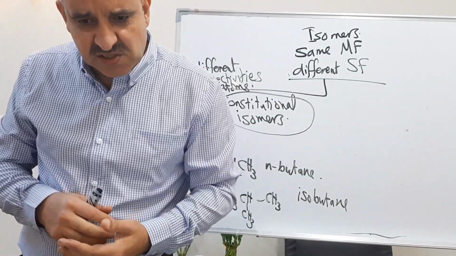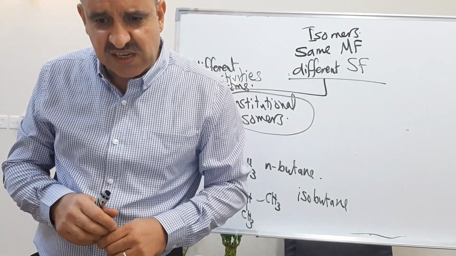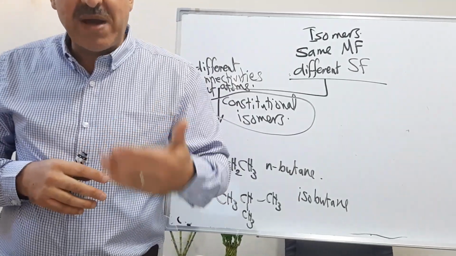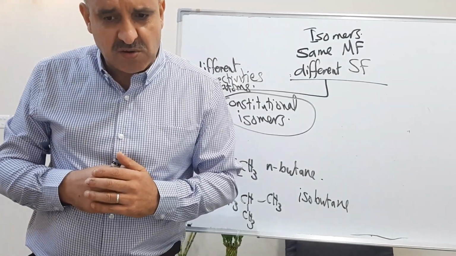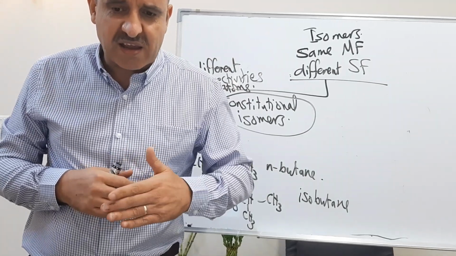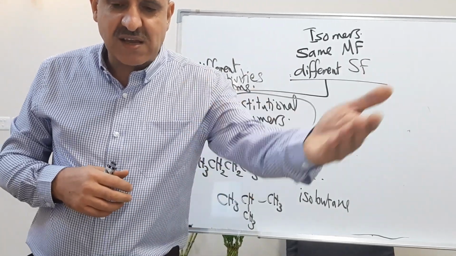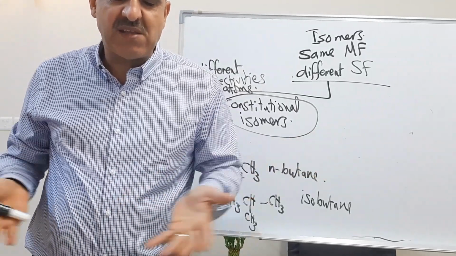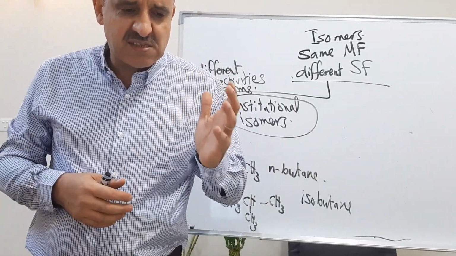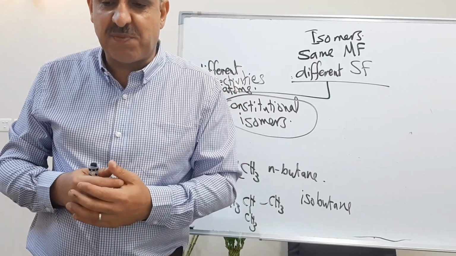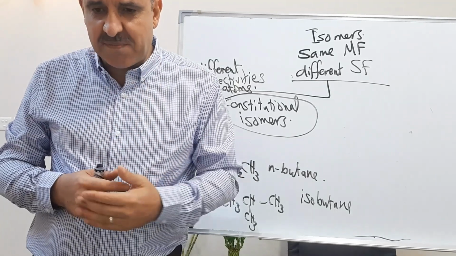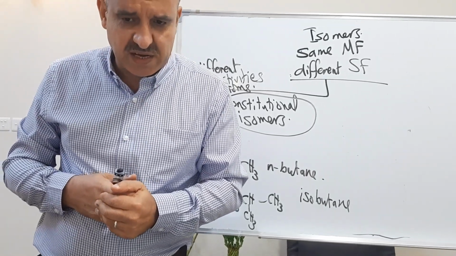You can imagine a formula of C30, a compound with 30 carbons, how many isomers we may draw for this compound. It's something like 4 billion compounds, which explains that this phenomenon, isomerism, is responsible for the huge number of organic compounds present in nature.